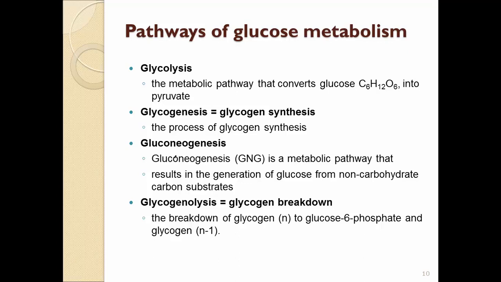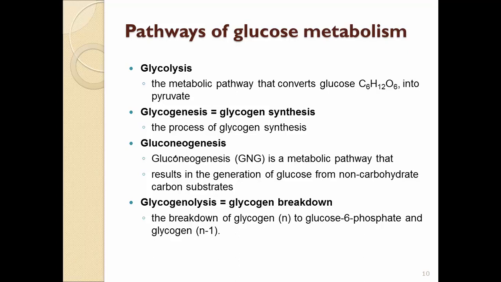Yes. And so glycogenesis or glycogen synthesis is the process of glycogen synthesis, right? And gluconeogenesis is a metabolic pathway that can make glucose from non-carbohydrate carbon substrates. And glycogenolysis or glycogen breakdown is basically the process that breaks down glycogen to release free glucose into the circulation if it happens in the liver.